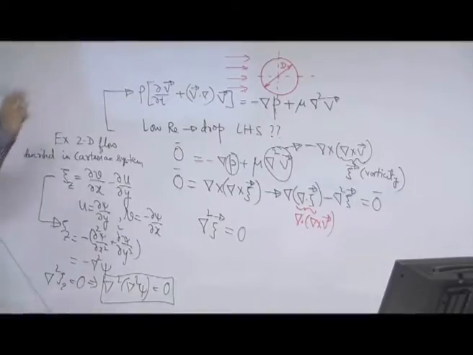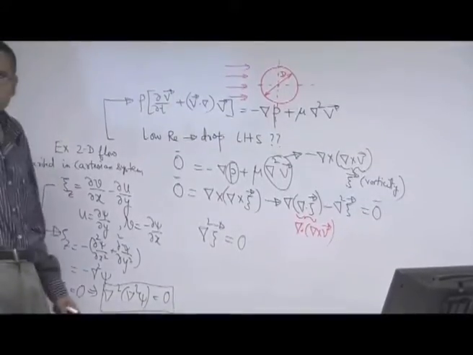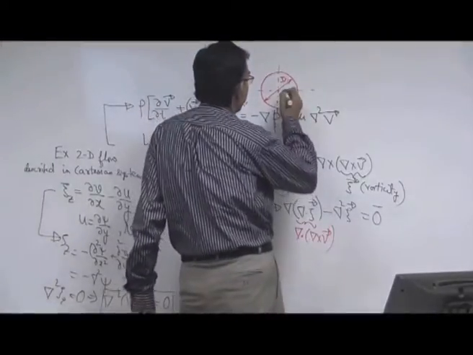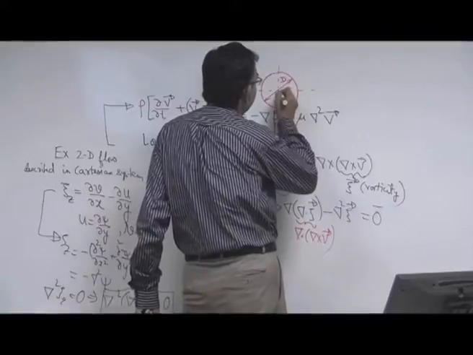Now, let us come to the problem of the sphere, low Reynolds number flow past the sphere.